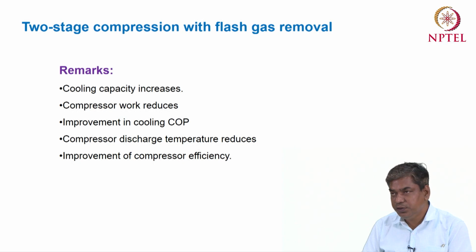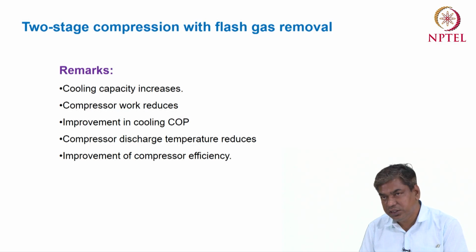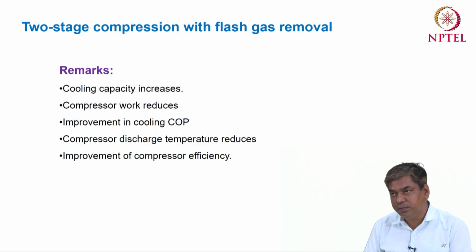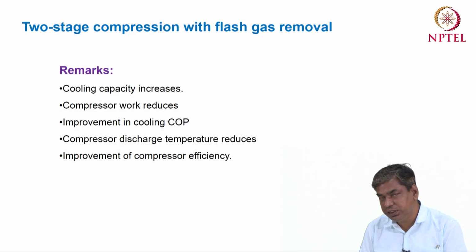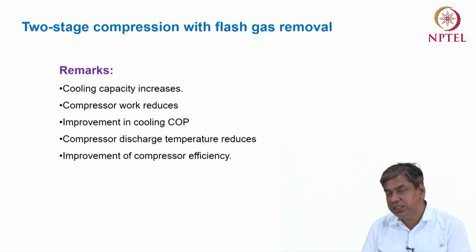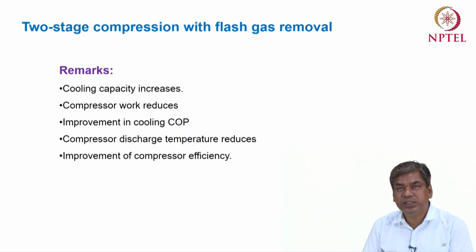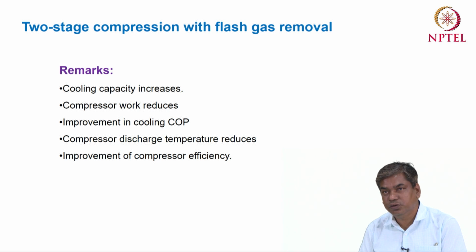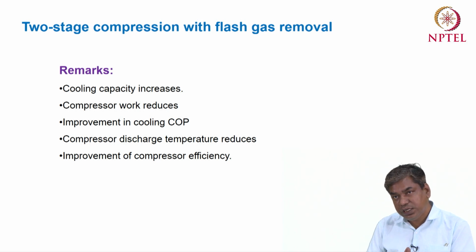If you use some correlation based on the expression of compressor isentropic efficiency in terms of pressure ratio, then we will obviously see that the isentropic efficiency for the two stage compression system is higher as compared to the isentropic efficiency in a single stage compression system.